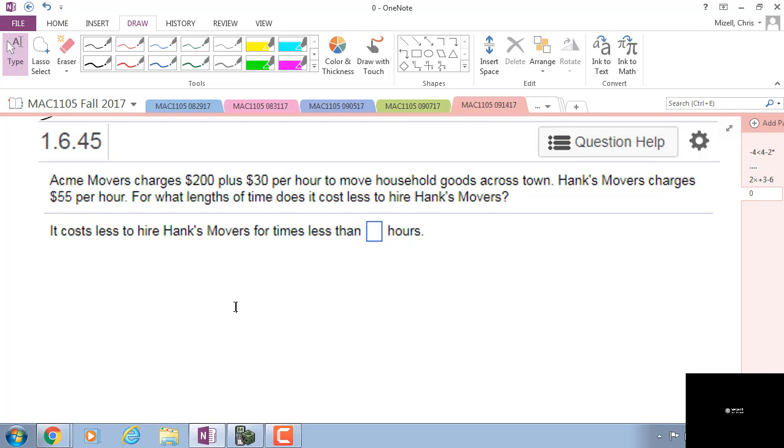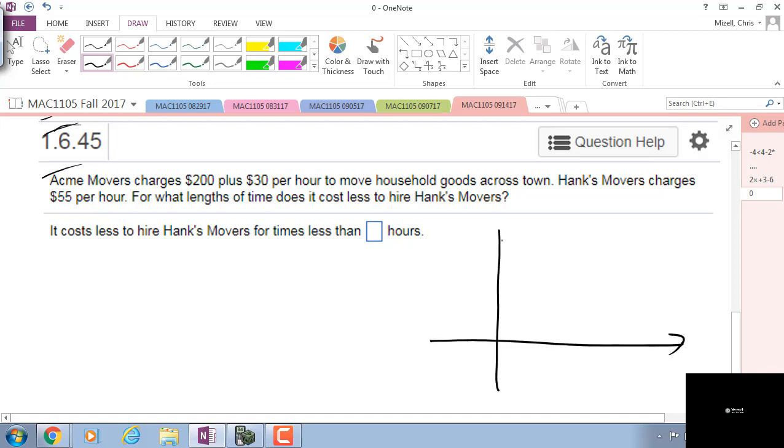Visualizing this, if we think about what Hank is going to charge and what Acme is going to charge: Hank, just a straight $55 an hour, so for 1 hour it would be $55, and for 2 hours it would be $110.